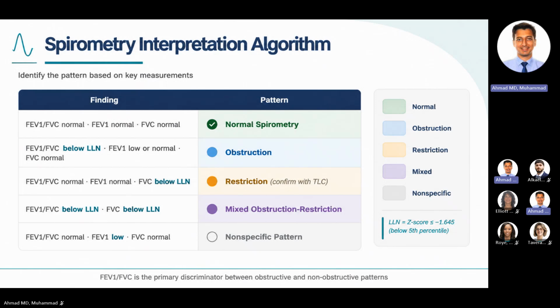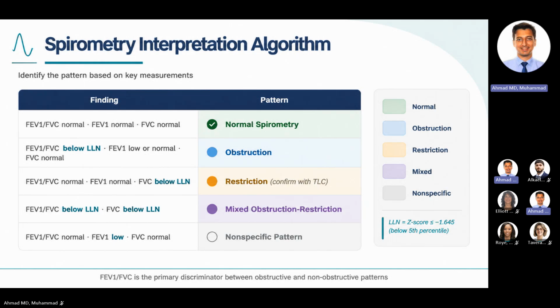If the FEV1/FVC ratio is below the lower limit of normal, less than minus 1.645, and/or the FEV1 is low, and the FVC is normal, that constitutes obstruction. The key thing here: if the FEV1/FVC is below the lower limit of normal, even if the FEV1 is low or normal, that constitutes obstruction.